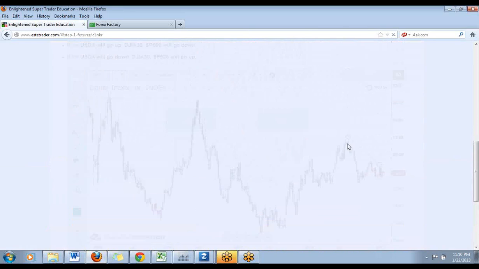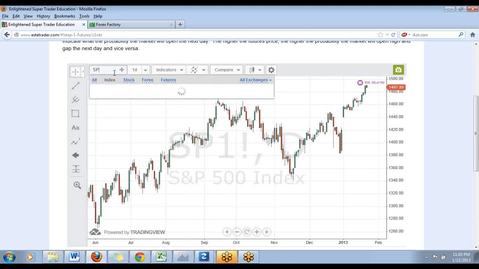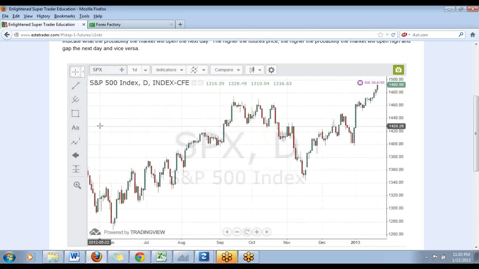Alrighty, let's go through the next one. We looked at, well, this is the S&P, what happened pretty much today, right? And you can see through here at the moment, SPX.